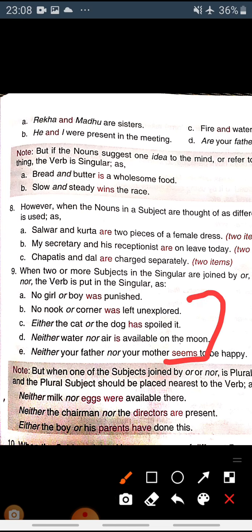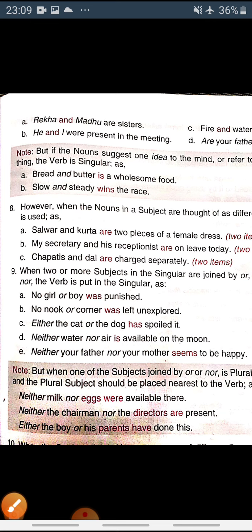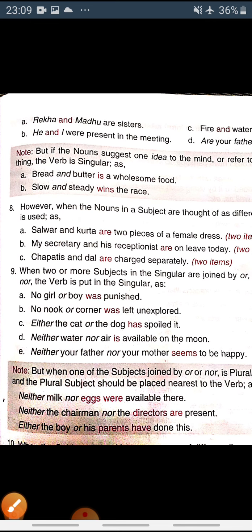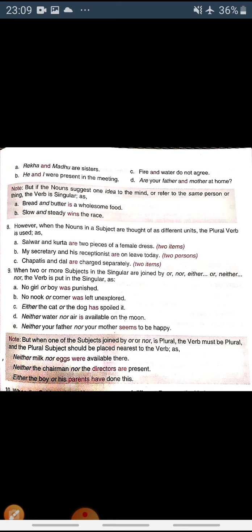Now here these are the examples where the two subjects are singular. Two subjects are singular, so we use a singular verb, that is was. Right? No girl or boy was punished. No nook or corner was left unexplored. Okay, now see when these two subjects are joined again by or, nor, either, or neither, and out of the two subjects one is plural, we will use a plural verb, but the plural subject should be placed nearer to the verb.